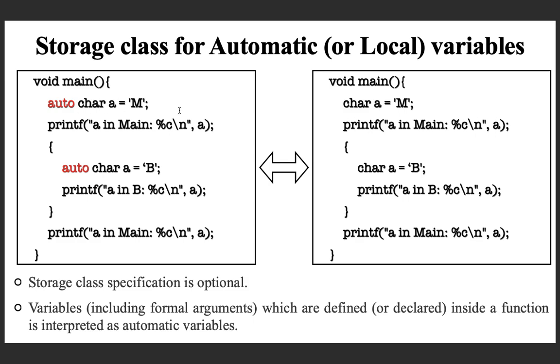And variables including formal arguments which are defined or declared inside a function definition are interpreted as automatic variables. And with this we are finishing this lecture, and today we have seen lifetime and scope of variables.